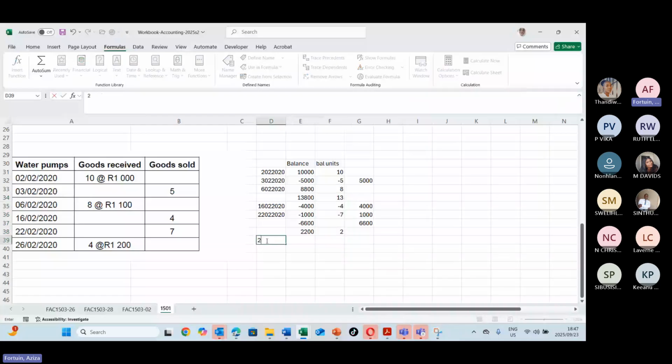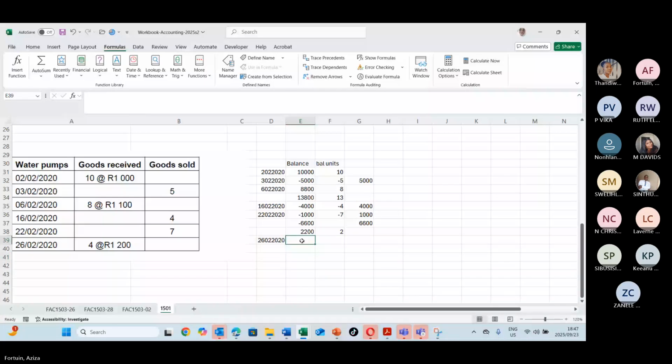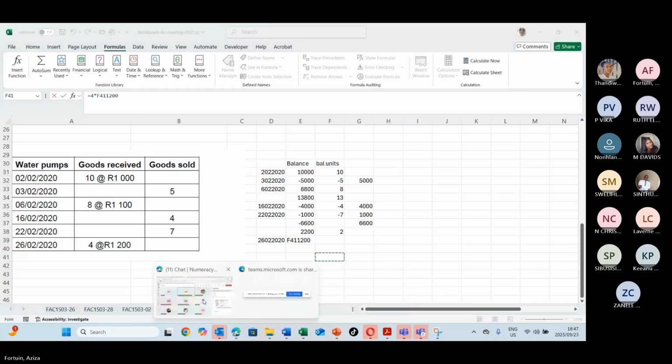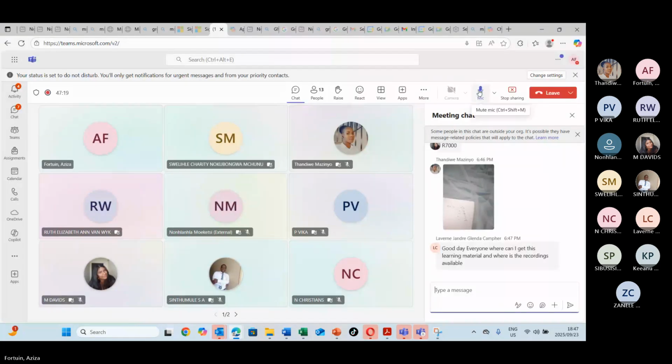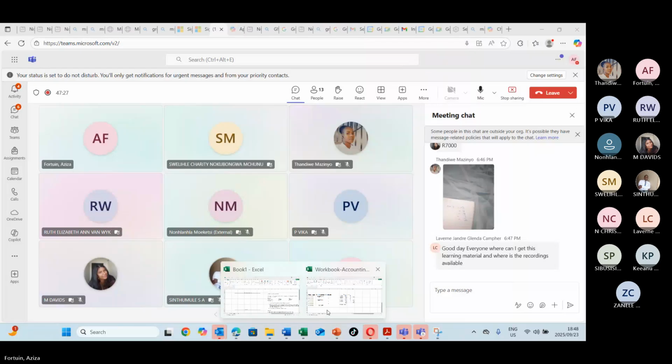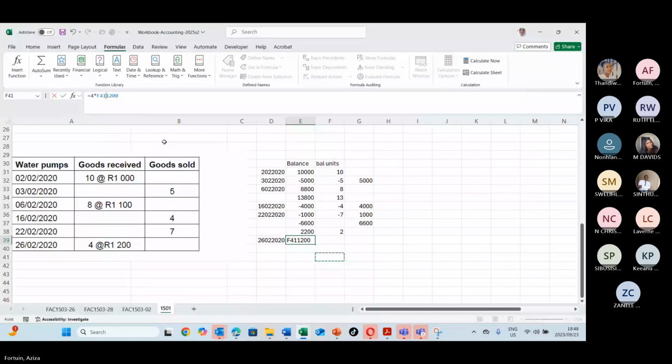So the 26th, right? We purchased again 4 at 1,200. 4,800.